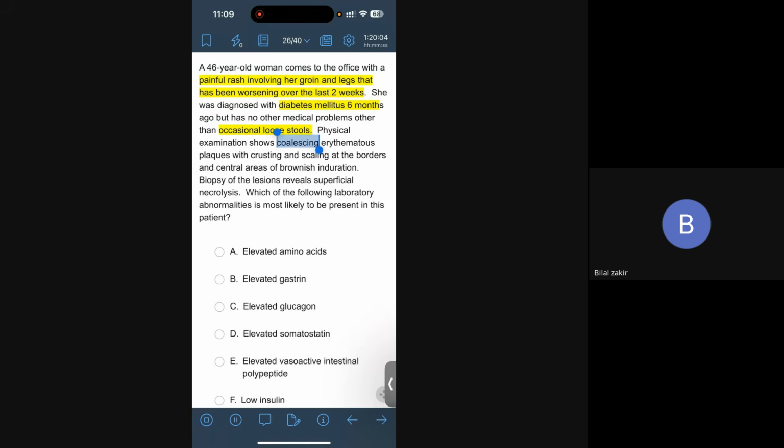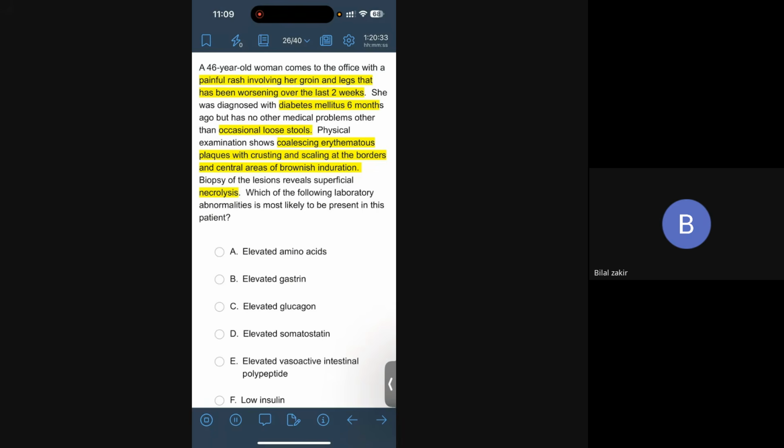So what are the characteristics of that rash? That rash is erythematous plaques with crusting and scaling at the borders and central areas of brownish induration, and superficial necrolysis as well. It is a necrolytic erythematous rash, and the patient has diarrhea as well as diabetes mellitus.